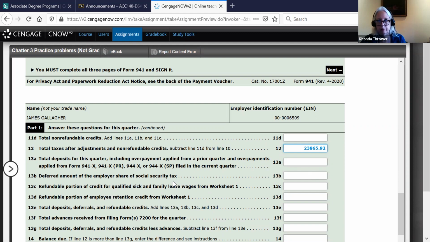There's nothing there that we know about. We didn't have any refundable portion of the credit for qualified sick and family wages. There was no retention credit from worksheet 1. We don't know about any of those. The total deposits, deferrals, and refundable credits, we're going to add lines 13A, 13B, 13C, and 13D together to get that.